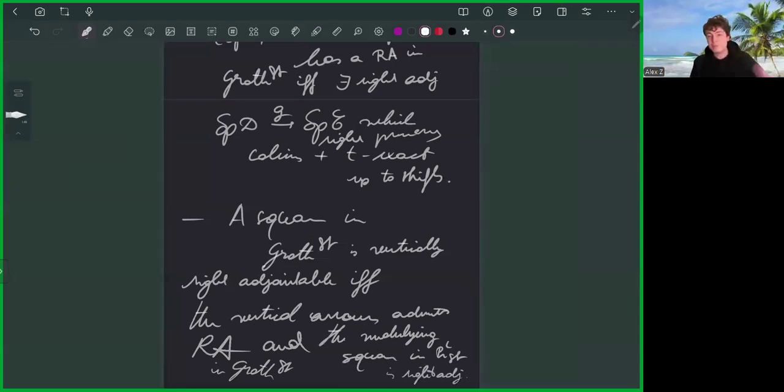So the last condition is sort of, if the underlying square is right adjointable, then the Beck-Chevalley condition is satisfied for the square. That's everything that's saying.